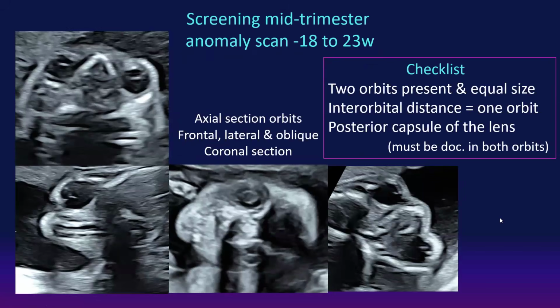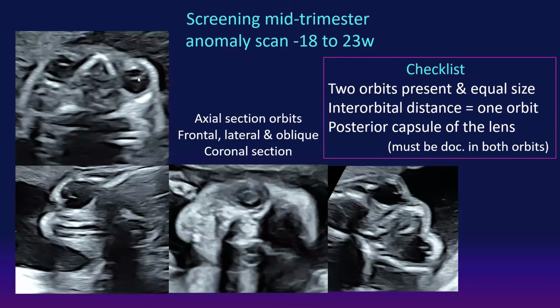Coming to the second trimester mid-trimester anomaly scan, the screening scan that we say 18 to 23 weeks, the orbits are one of the sections that you have to save in the fetal face. And how do we document the orbits? We can do it in the axial sections, and the axial section itself you can take in 3 different ways.